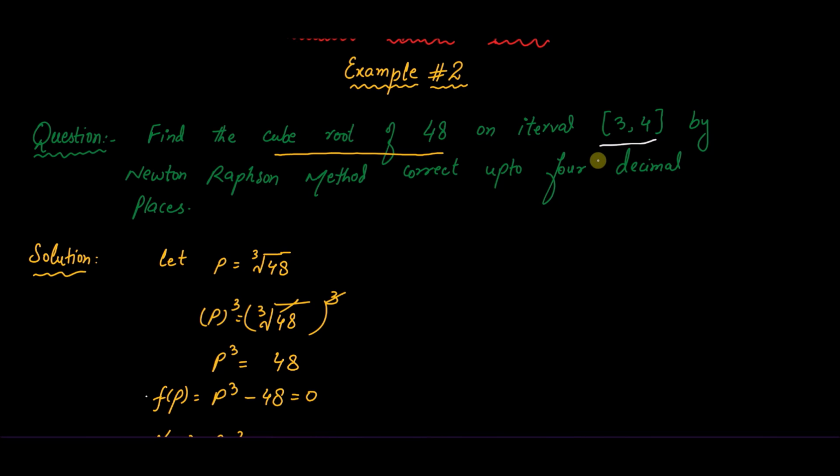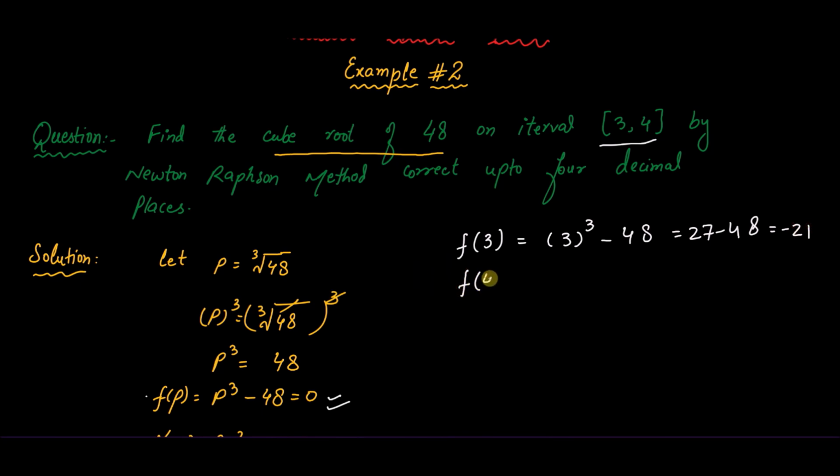In order to check the availability of a root in this interval, I am going to substitute 3 into the function and then 4 into the function. If they give us opposite signs, it means that the root lies in that interval. So I choose my first point, 3, and put it into my function. It's 3 cubed minus 48, which equals 27 minus 48, so the answer is negative 21.